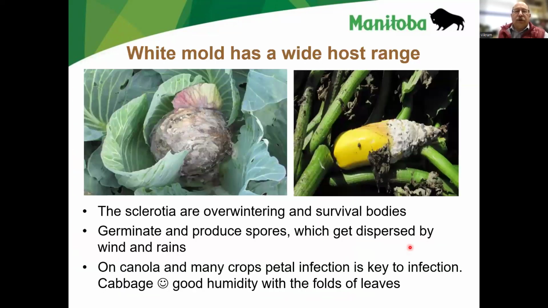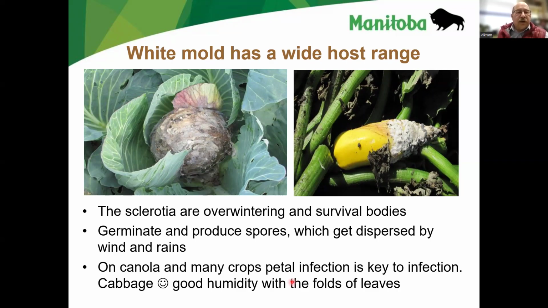also let you know that white mold has an extremely wide host range, and it can go onto other vegetables here, and it can also go onto the canola. And so, quite often, the field crops people say you need petals to be infected to cause the infection on the plant.